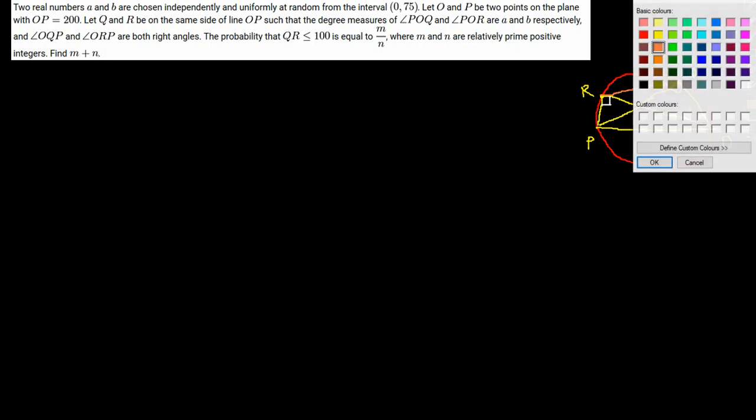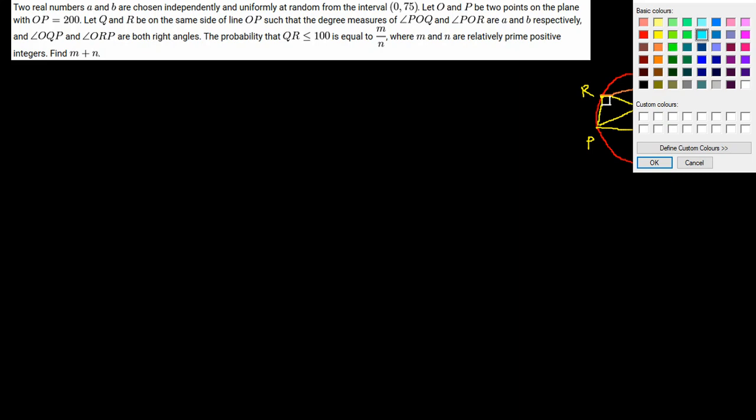Here another few things are given: POQ and POR are a and b respectively. So this entire angle POQ is a, and angle POR, being this one, is b.